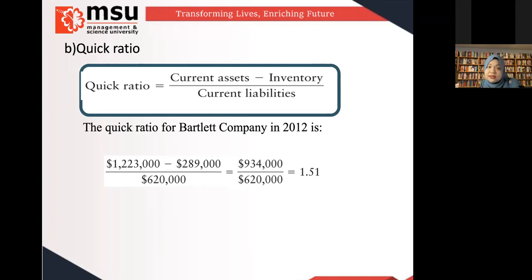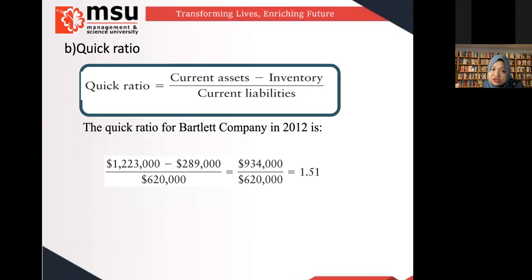Then you have to wait another period for this accounts receivable to be converted into cash. So it takes two steps for inventory to be changed into cash. That's why we don't want to have the dependency on inventory, and why we want to find the quick ratio.